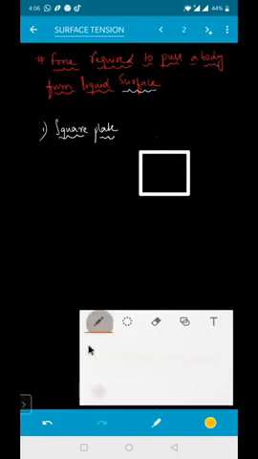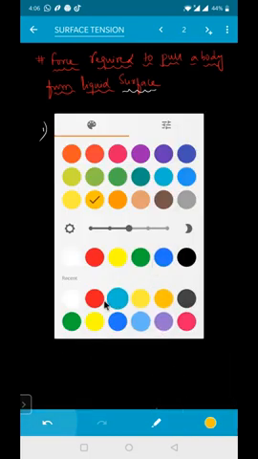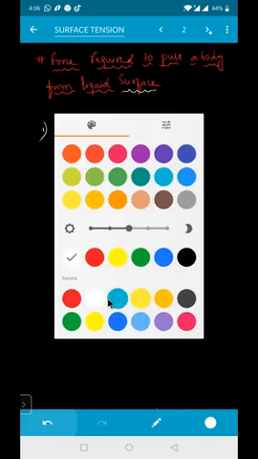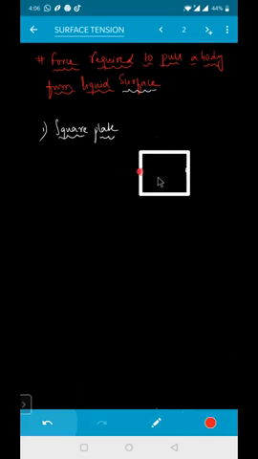Now this square plate is kept on the surface of water, and I am pulling it in the upward direction. I have taken one button here, and here one button, and here one button is attached, and here one button is attached. It is kept on the surface of water very slowly.